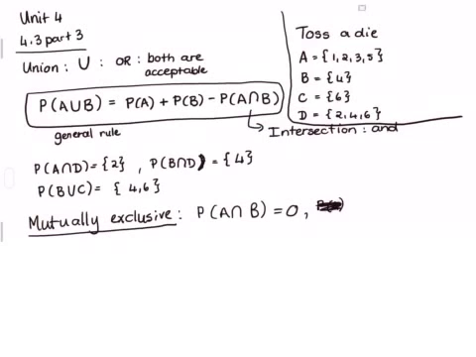Let's go here. The probability of A or B for mutually exclusive is then just the sum of the two probabilities. And if you refer to our general rule, you'll see why. Because for mutually exclusive, this last one will be a 0. So that's why your general rule is good. It works for all of them.